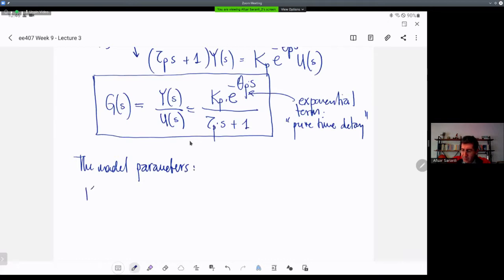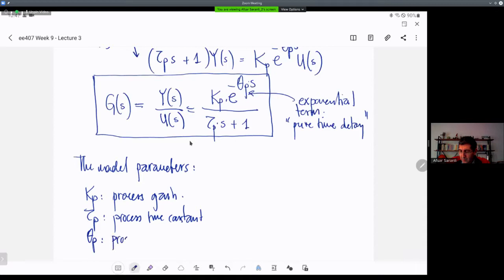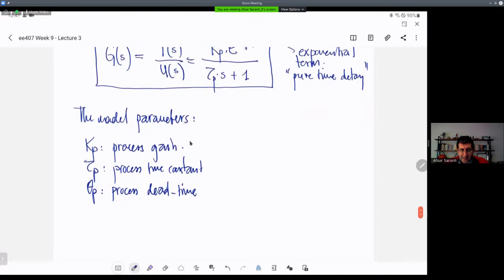Okay, we have process gain that we need to find, tau p, which is the process time constant, and also we have theta p, which is the process dead time, so-called process dead time. So the time delay inherent in the system.